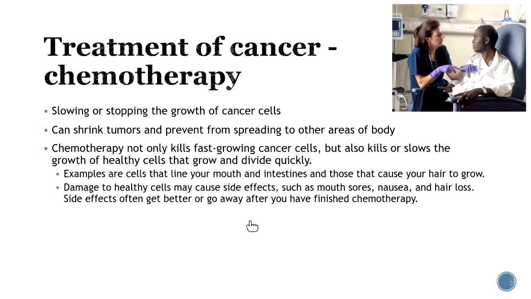Well, chemotherapy can't distinguish between healthy cells and unhealthy cells that divide rapidly. So for example, cells that line your mouth and your intestines and your hair are rapidly dividing. So when the chemo is applied, it's still going to apply to any cell that's dividing rapidly. So your healthy cells that have that hallmark are targeted too. So that's why you see some of the different side effects.